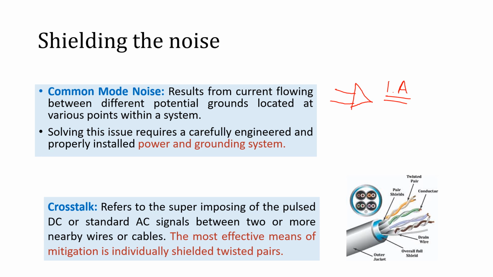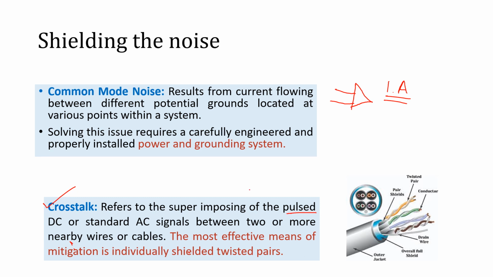Then there is crosstalk. Crosstalk happens when we have some kind of communication telemetry on the same signal where we are doing some measurement. This happens due to standard power lines or pulsating DC. It is also important to know about pulsating DC.